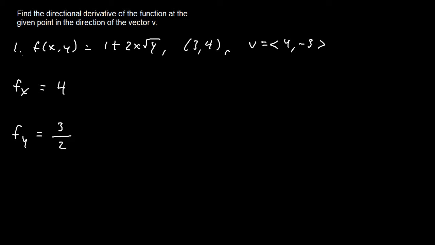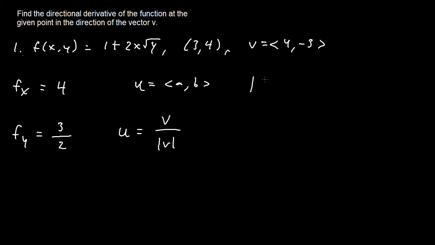So once again, in order to find the directional derivative, we also need the unit vector, which has the components a and b. We are given a vector, but not the unit vector. In order to find the unit vector of, let's say, vector v, we need to take the vector's components and divide them by the magnitude of vector v. Since we already have vector v, let's find the magnitude.